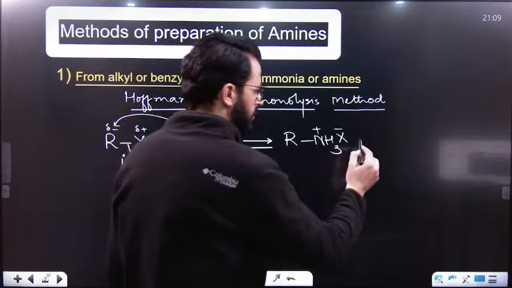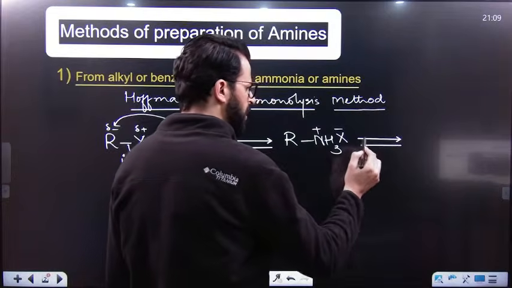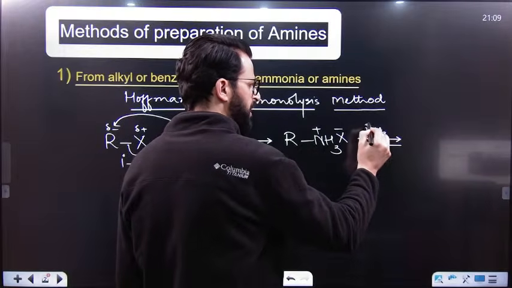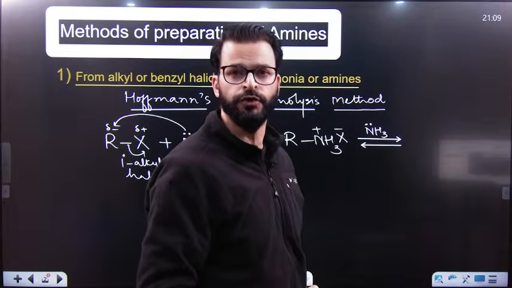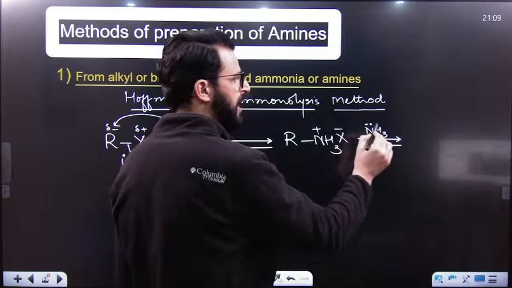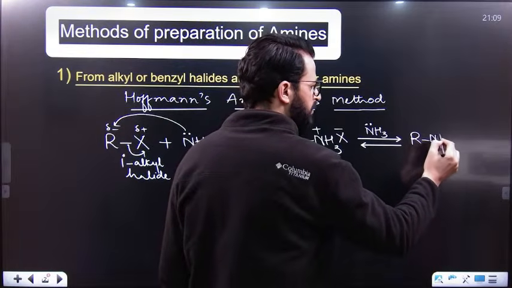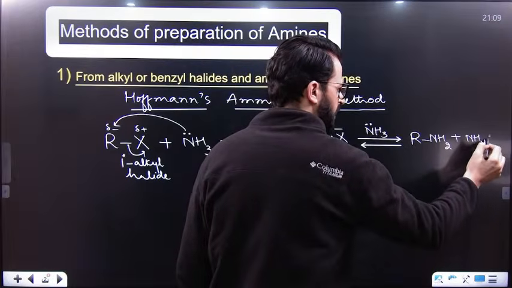But when this is formed in presence of ammonia, what will happen? This ammonia will simply abstract hydrogen from this and results in the formation of NH4 positive, and then X minus will be attracted to that and it will result in the formation of primary amine plus NH4X.